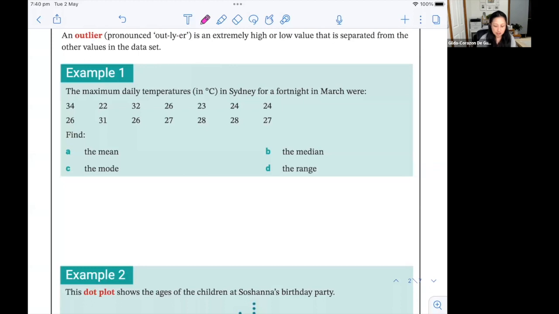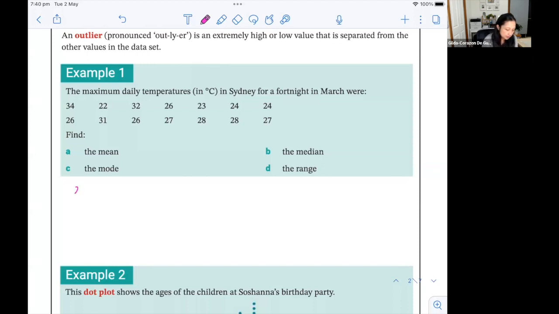So you have 34 plus 26, 22 plus 31, 32 plus 26, 26 plus 27, 23 plus 28, 24 plus 28, 24 plus 27. And I have the total.